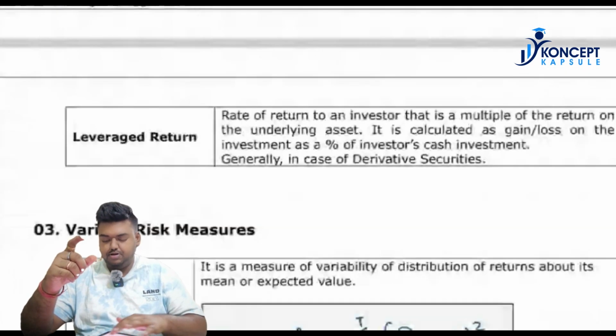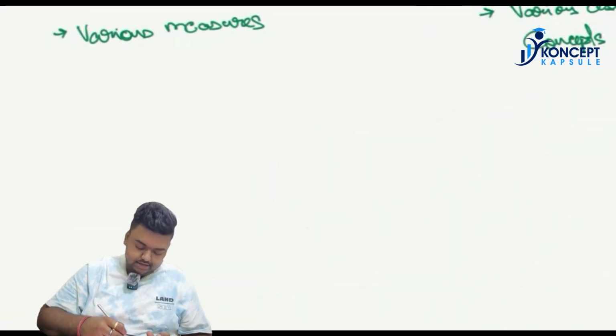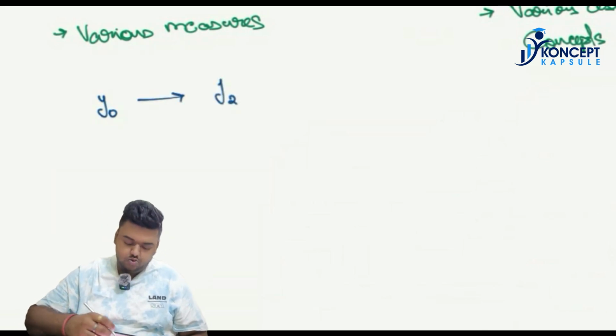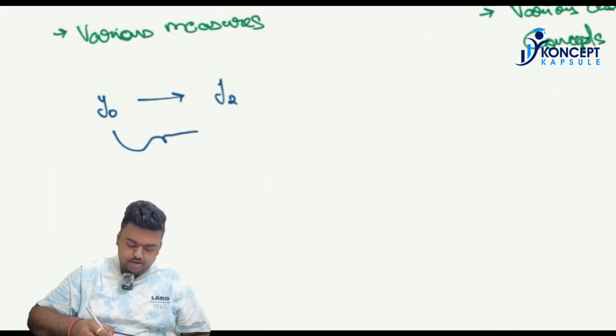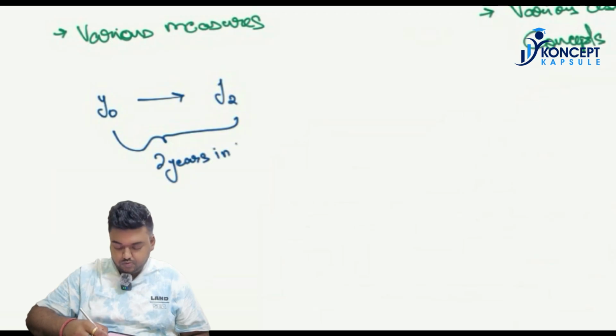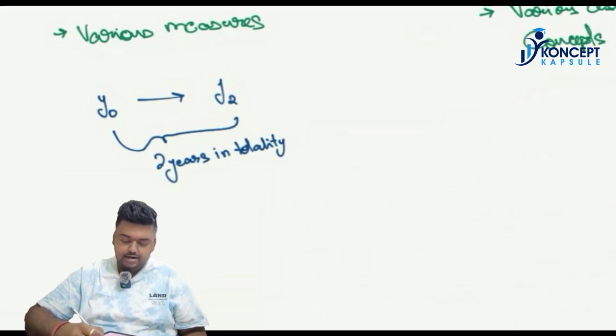So, for example, if you have bought an asset in year 0 and held it till year 2, then the return which you have earned in these 2 years in totality is known as holding period return.